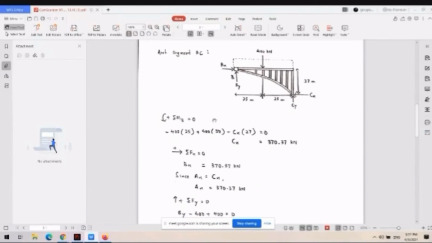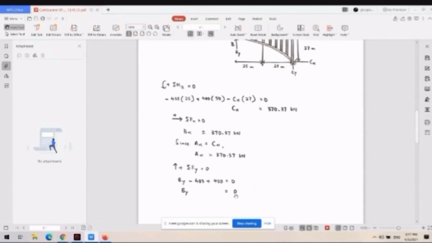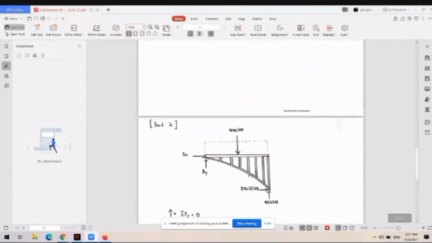After applying the equations of equilibrium, we found out that Cx equals 370.37 kN, Bx equals 370.37 kN, and since Ax equals Cx, Ax equals 370.37 kN, and By equals 0.